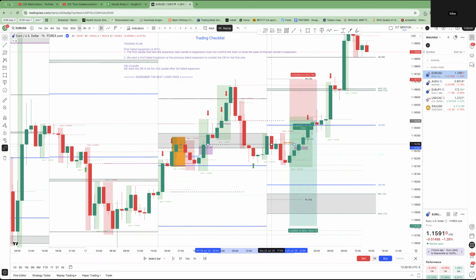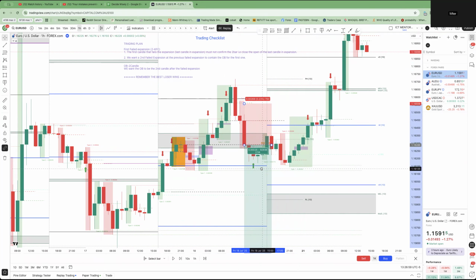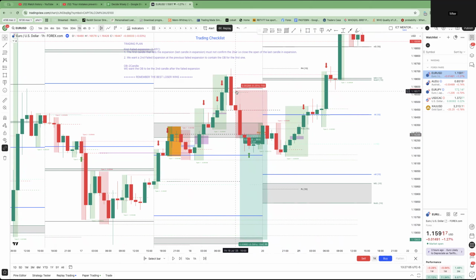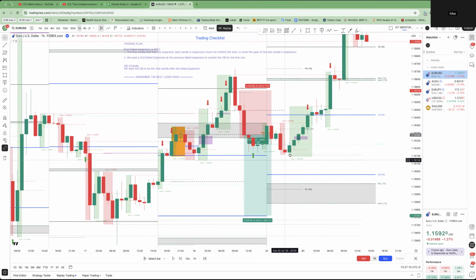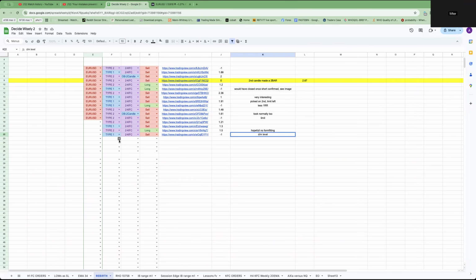And key level would be there. OB selling this, I'm telling you for free. This is it. Loss. Minus one.